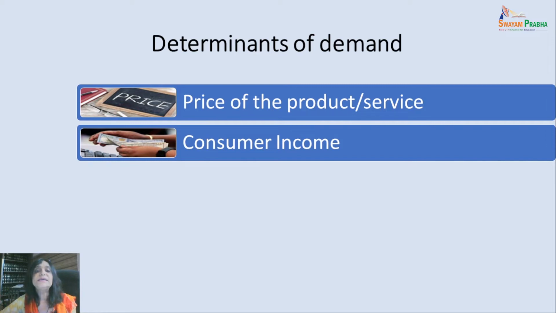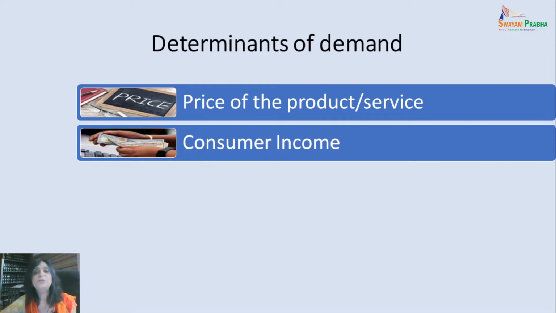Second is the consumer's income. Why? Because ability to buy will come from how much income I have. If my income is more, automatically I will be able to buy more of the same product because I can afford to buy.